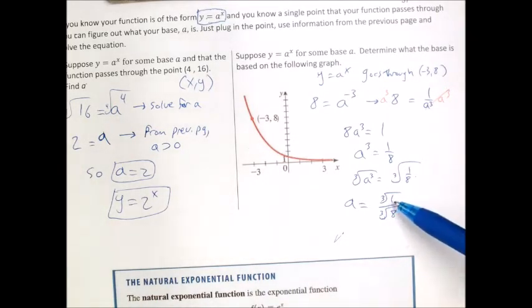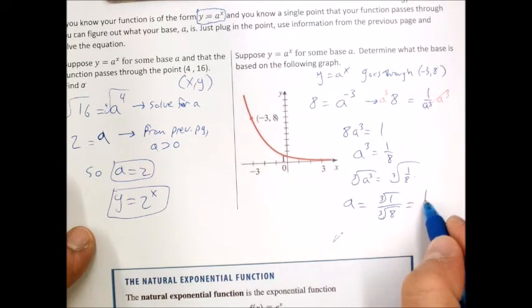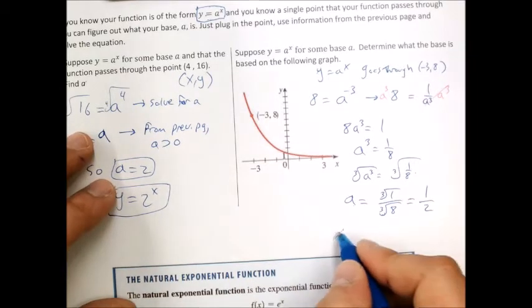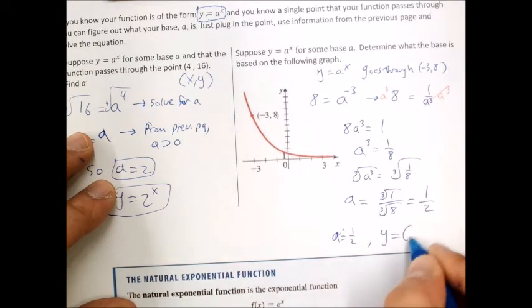That was a property from the radical section. And I think that's what you were saying, Manuel. But the difference is, when you take the cube root of 1, you get 1, and the cube root of 8 is 2. And so we get 1 over 2 for that. And so our a is 1/2, and our function is 1/2 to the x.